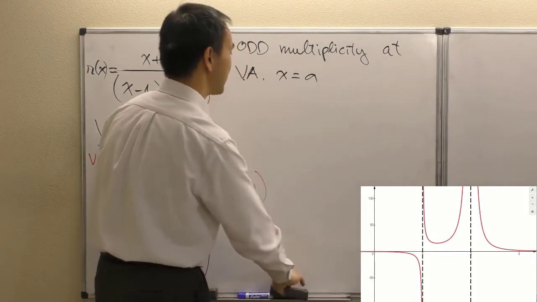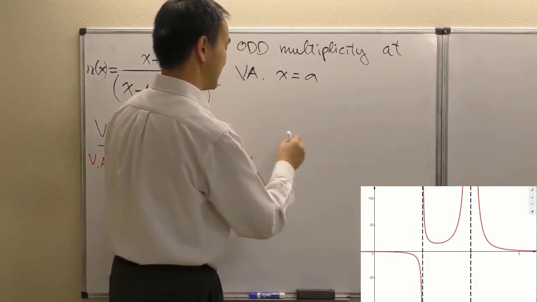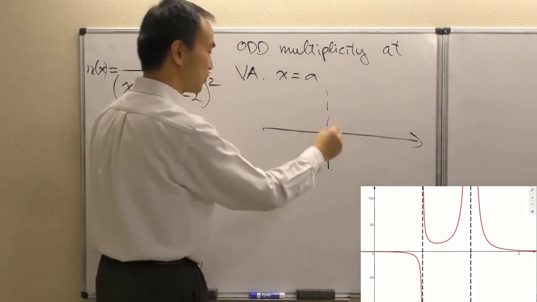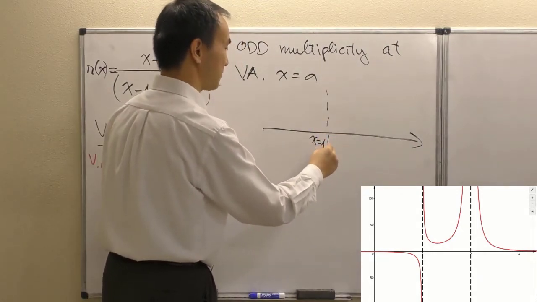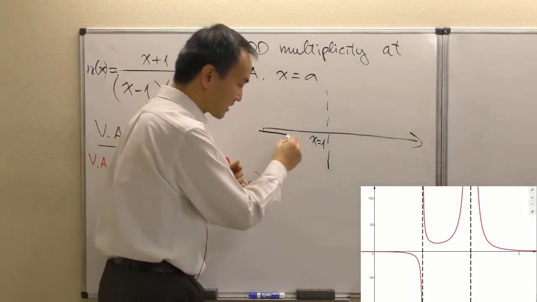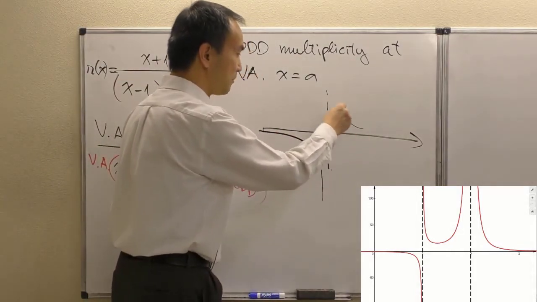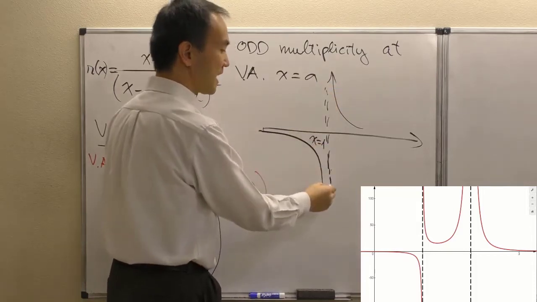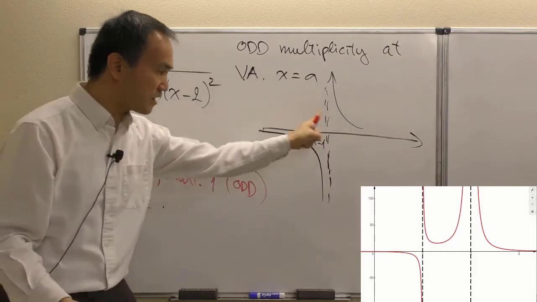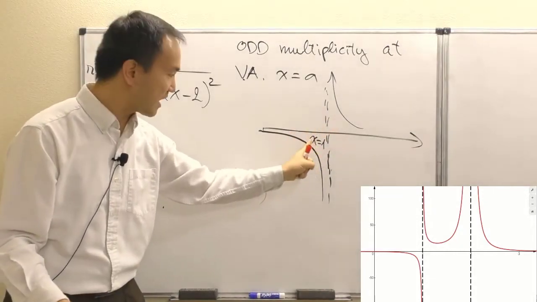This is the picture I see from that graph. When x equals 1, the graph was doing this: from one side it's dropping, and the other side is going the opposite way. That's what happened in this graph right around that vertical asymptote at x equals 1.